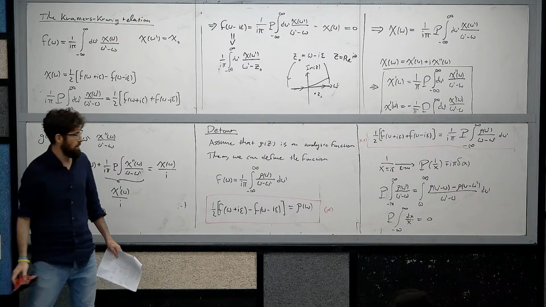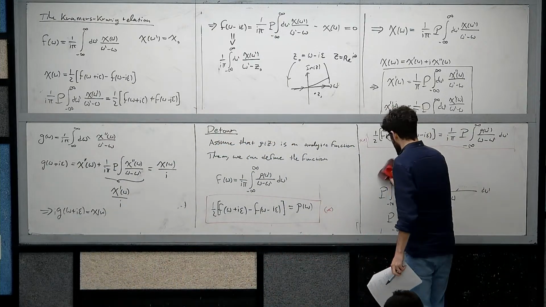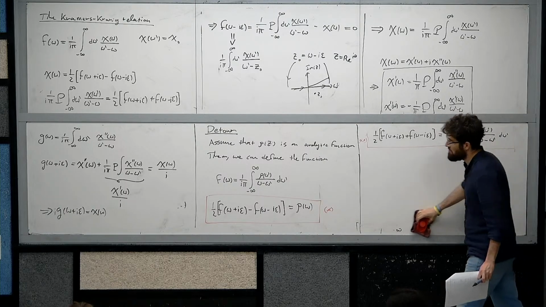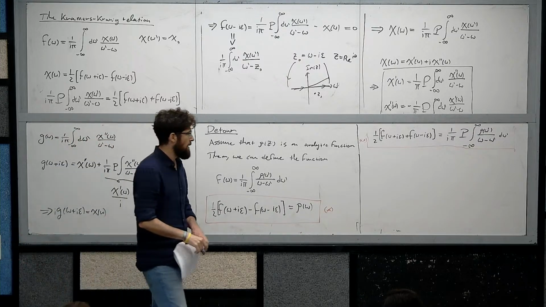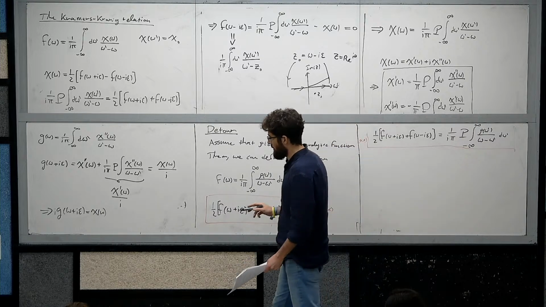So now do you see that chi double prime is the imaginary part of the response function? Do you see it already? Just multiplied by i. No, that's not the point.